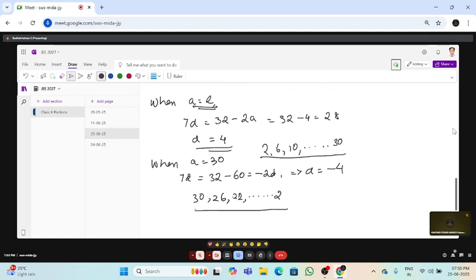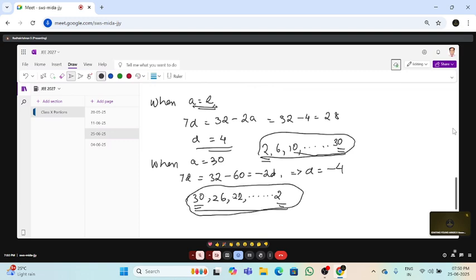Now when you are asked to find the sum to 20 terms, this is only the sum to the eighth term. When first term is 2, eighth term is 30, or when first term is 30, eighth term is 2. But when you have to sum up to 20 terms, you have to take either this one or this one. Actually, the problem is ambiguous in that way.